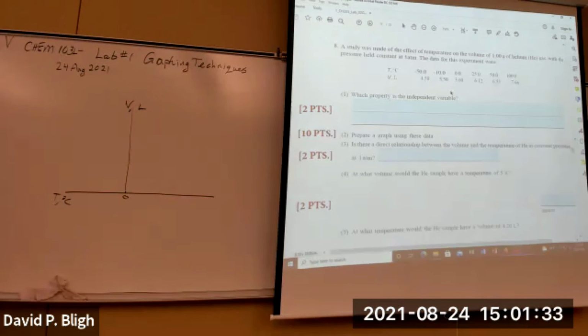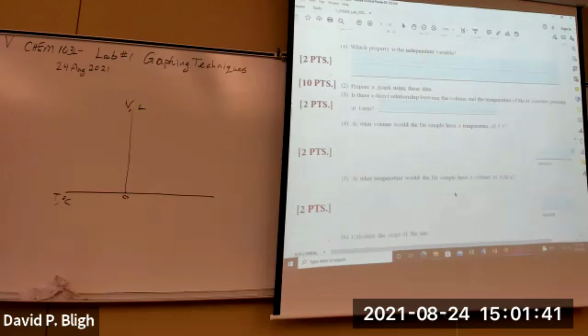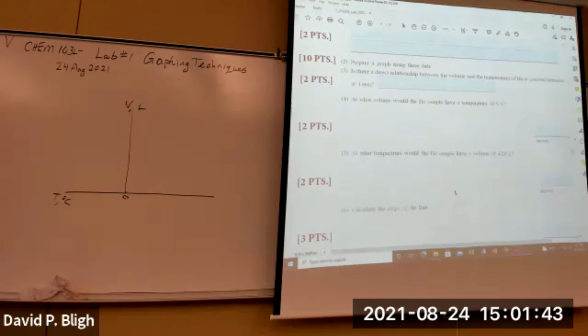Okay, so let's see. And then when you draw the graph, you're going to use the graph to answer these questions. At what volume would the helium sample have a temperature of 5 degrees? So after you draw your graph, you can use the graph to say, what would the volume be if the temperature were 5 degrees?